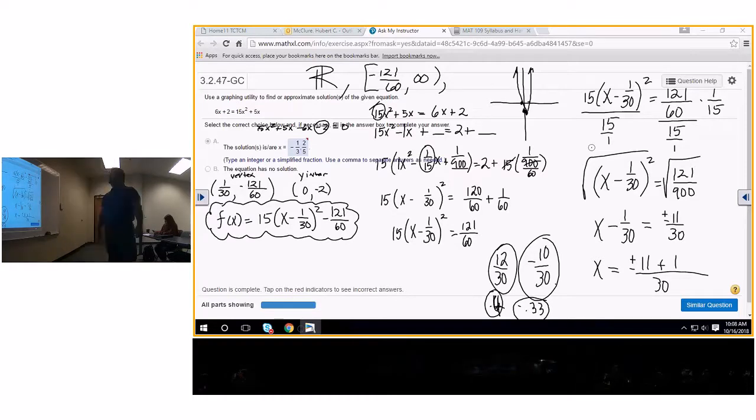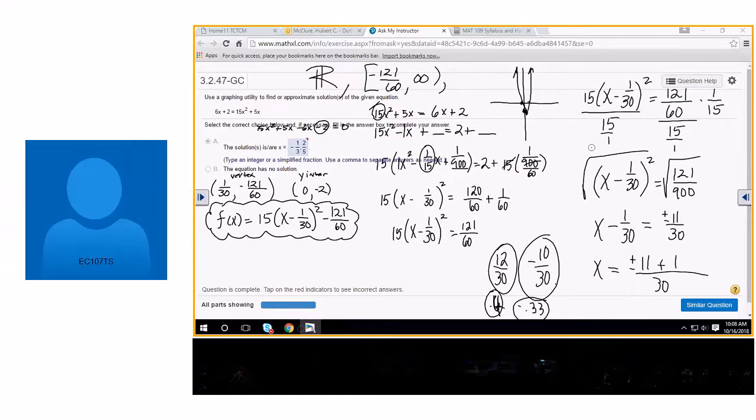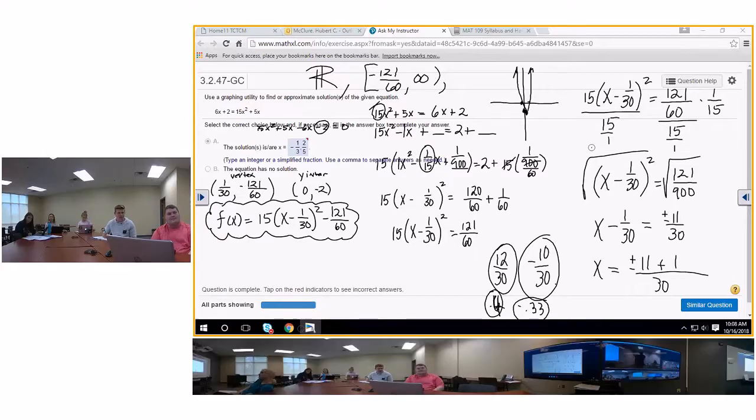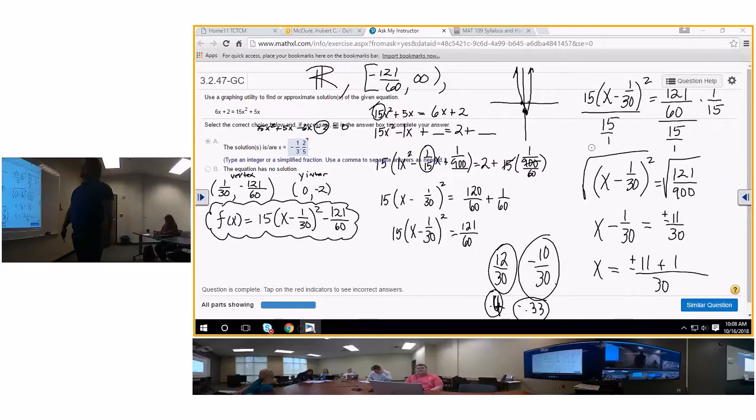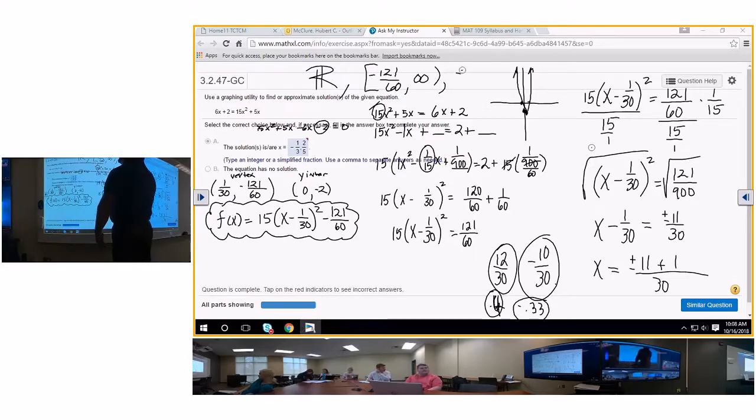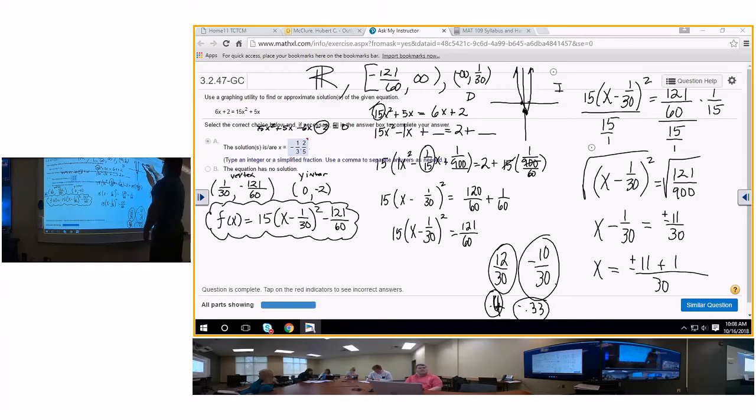All right. That's great. Now, what is the decreasing? Decreasing is negative infinity to, what's my 1/30th? And increasing is what? 1/30th to infinity.